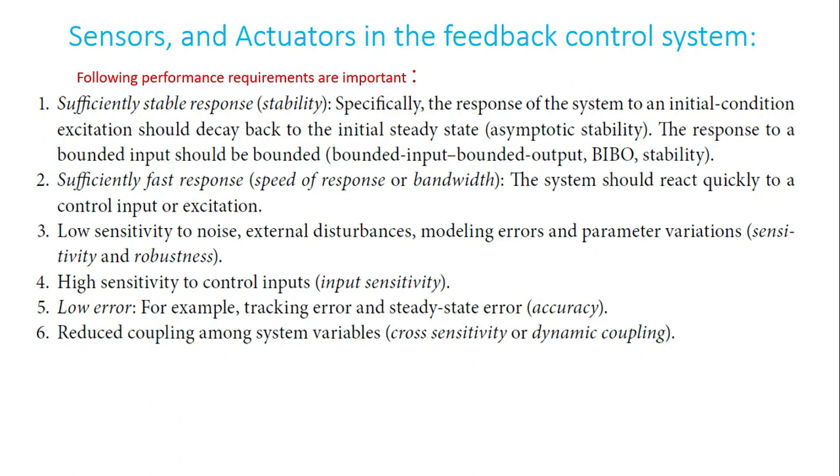High sensitivity to control inputs, that is input sensitivity. Next, low error, for example tracking error and steady state error, that is accuracy. Next is reduced coupling among system variables, that is cross sensitivity or dynamic coupling.